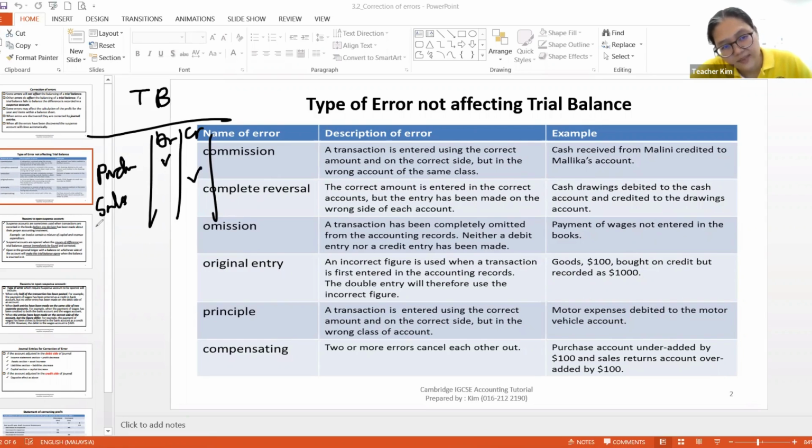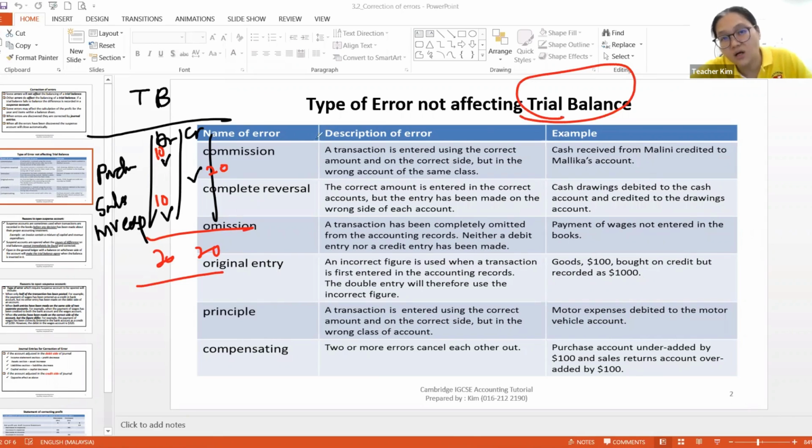And then another expense, motor expenses, on the debit side. Here we accidentally put an extra $10. This one also an extra $10. And here we accidentally make a mistake of an extra 20. So eventually, both sides are still the same. No error is found from the trial balance. So that is called an error not affecting the trial balance. Compensating: there are more than 2 errors which offset each other, so you couldn't see the differences.